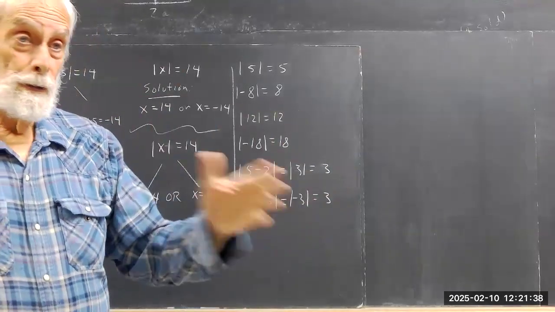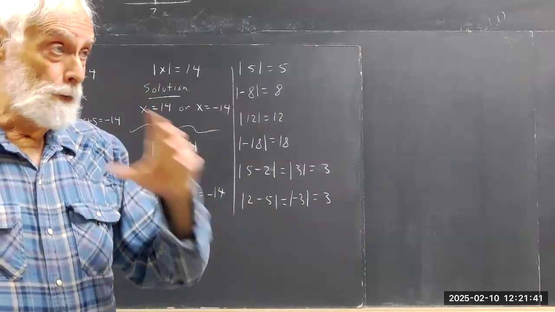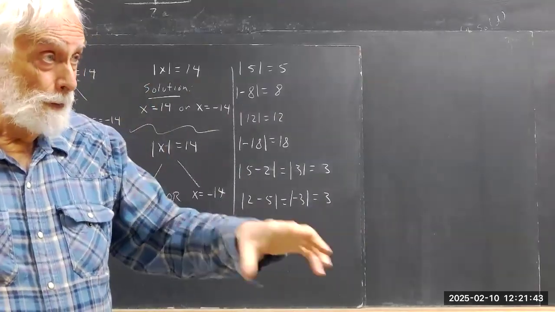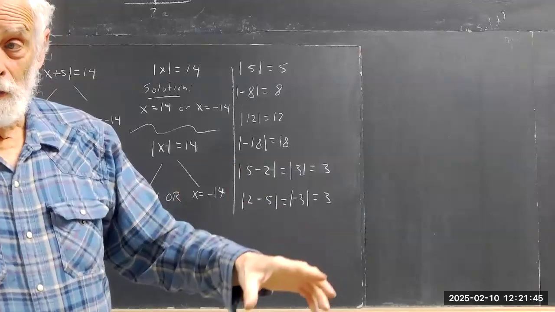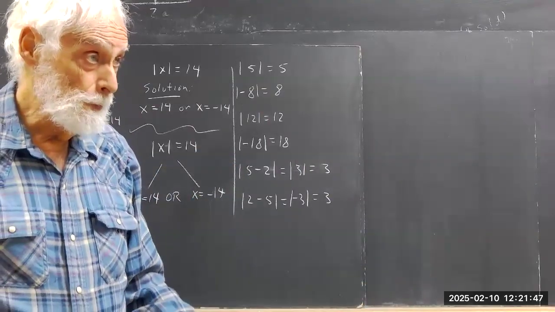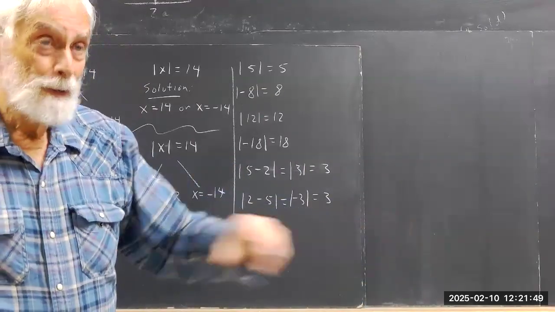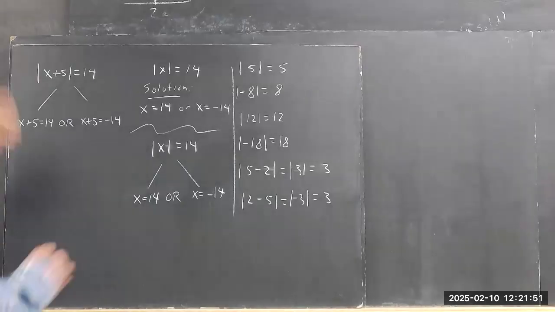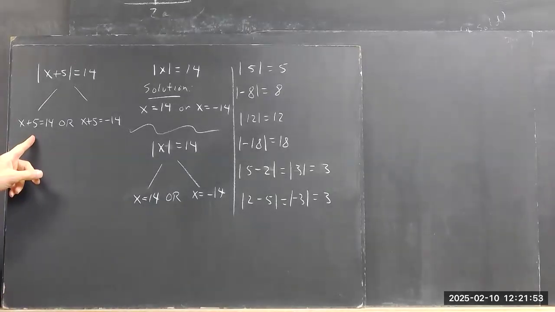And only 50% of a given class will do that, despite my saying that as clearly as I just did, maybe even more clearly, maybe 4 or 5 times, and showing it. People will just remove the absolute value signs and solve this equation. Please don't do that. Okay?